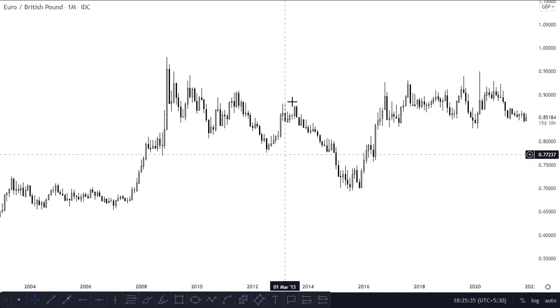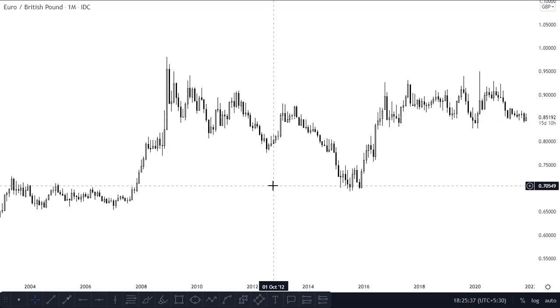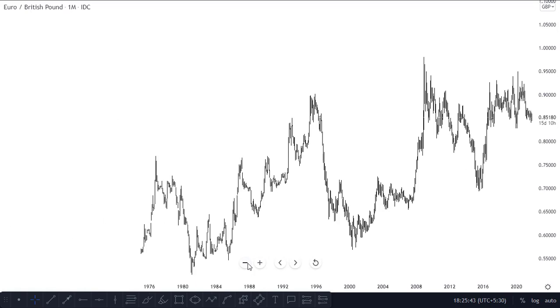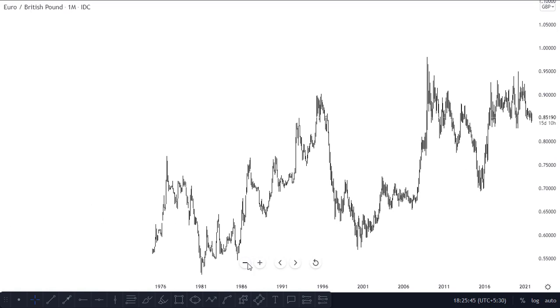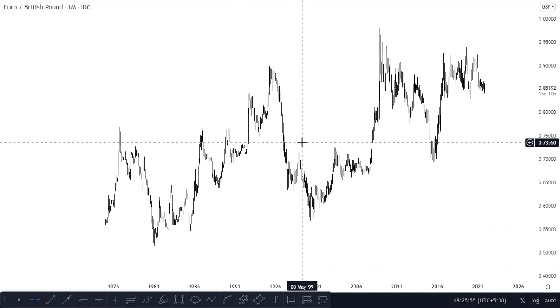So whenever you open a chart like this, all you have to do is zoom out and go to a higher time frame. If you have a premium account on TradingView, you can even switch to a 6 or 12-month time frame to see exactly how your pair is moving.